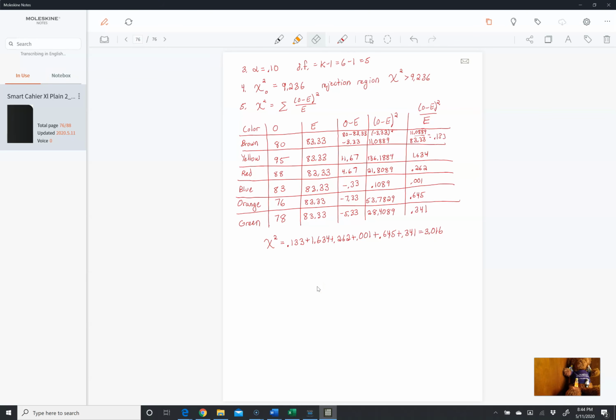Okay, so what does this mean? 3.016 is not greater than 9.236. Chi-squared is outside the rejection region.